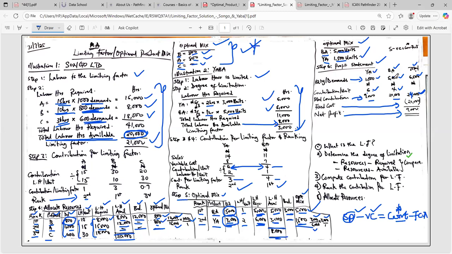And the quantity I'm going to be using is the quantity I got after my allocation, which is technically my supply, what I can supply. So 6 times 1,500 gives me 9,000. 4 times 5,000 gives me 20,000. 20,000 plus 9,000 gives me 29,000, which is my total contribution. Take out my fixed cost from it and you're going to get a net profit of 9,000.